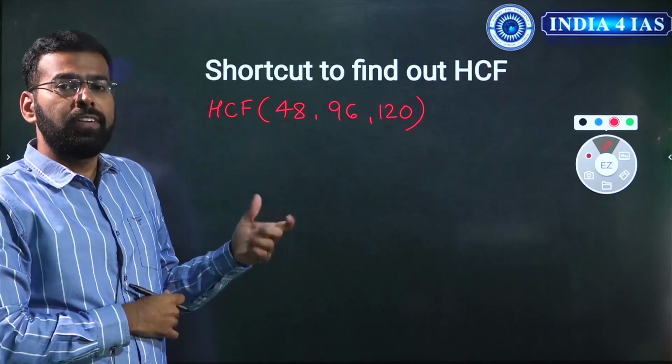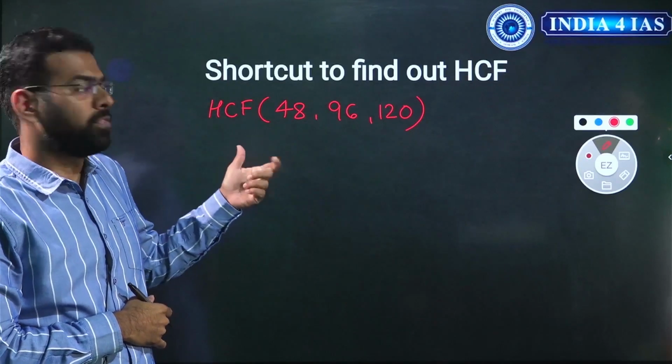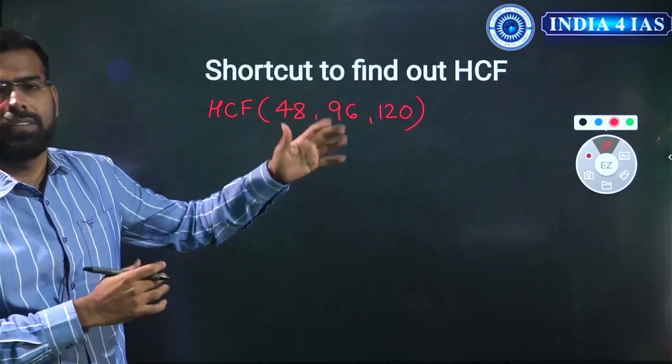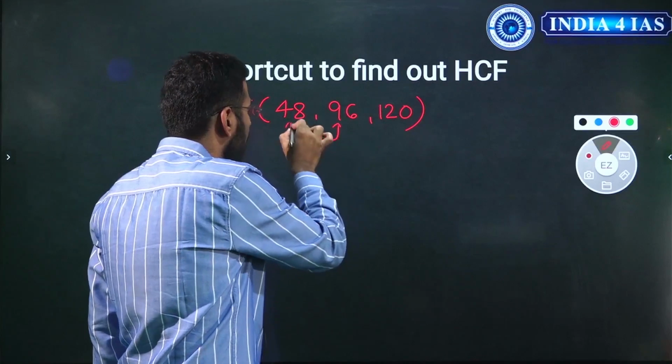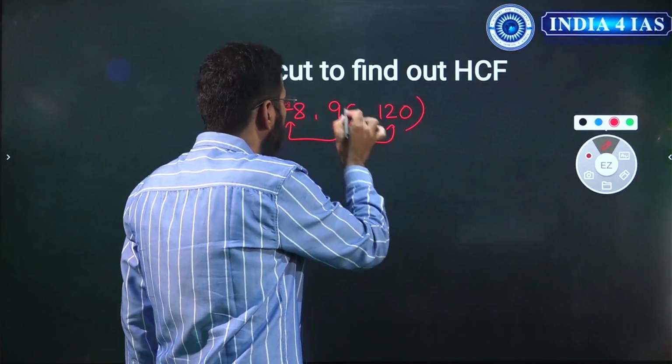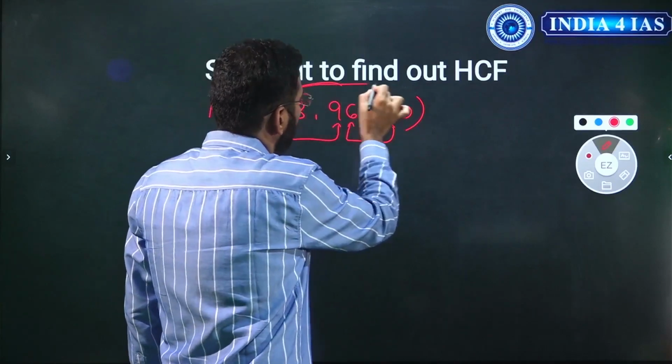How do you use the differences method when they give 3 numbers and ask you to find the HCF? For example, HCF between 48, 96 and 120. Here you have to find the difference between all the possible pairs: 48 and 96, 96 and 120, and 48 and 120.